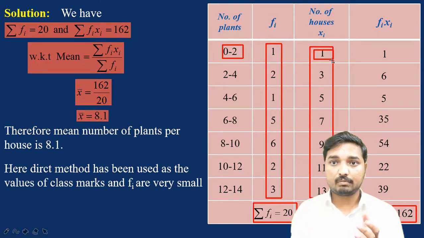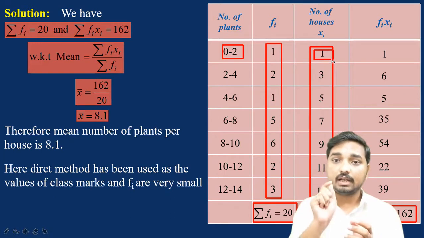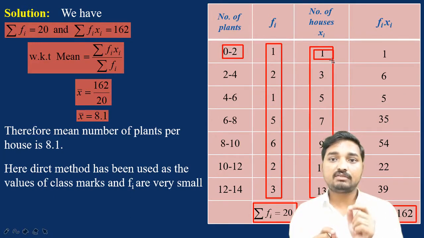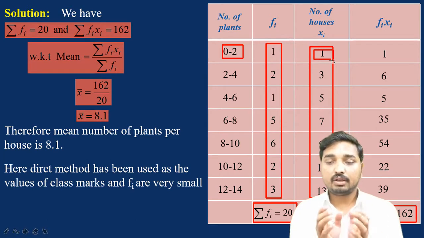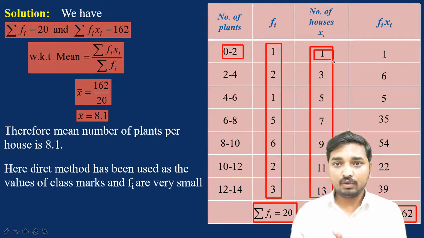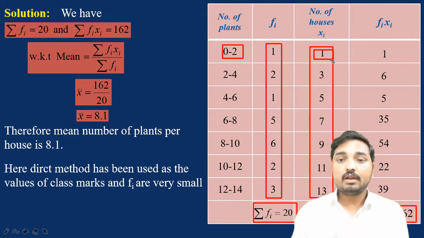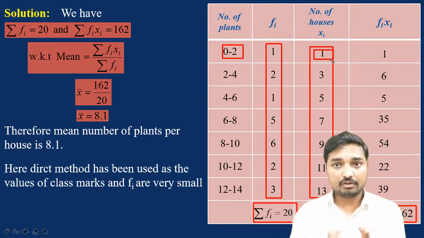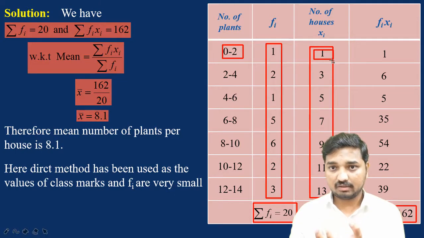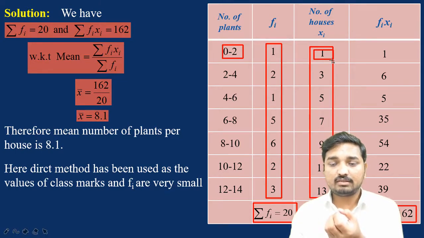If the frequency column contains numbers like this, then it is better to use the second method, the assumed mean method. Whenever the numbers are smaller, it is very easy to generate fi xi, but whenever the numbers are larger, it takes time to calculate fi into xi, and it also becomes difficult to calculate the product.